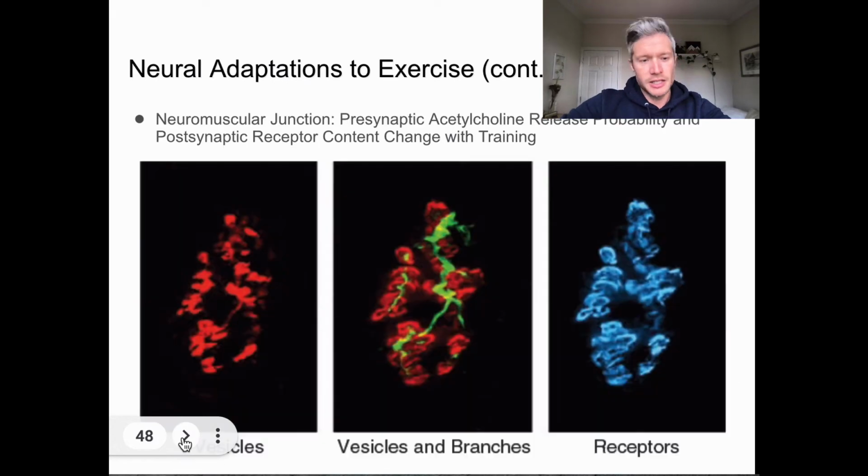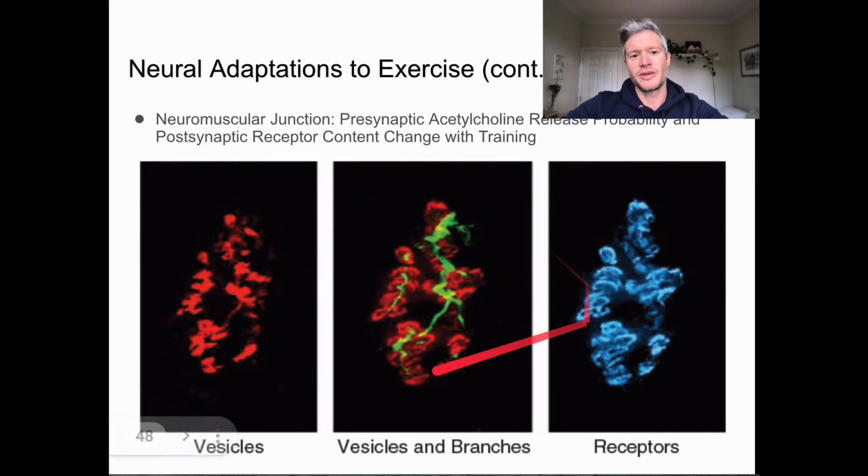All right, continuing on with endurance-based adaptations, we see this kind of actual imaging of synapses. Okay, so presynaptic acetylcholine and postsynaptic acetylcholine receptors. Okay, and of course these are at our neuromuscular junctions, which is between the motor neuron and our skeletal muscle.